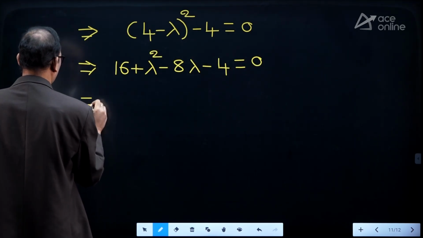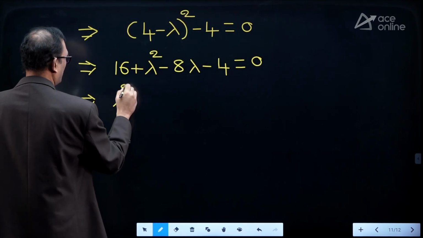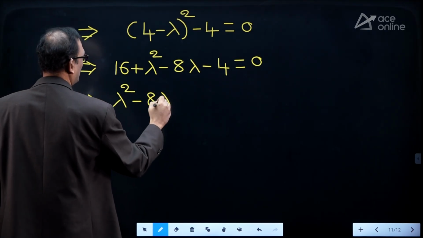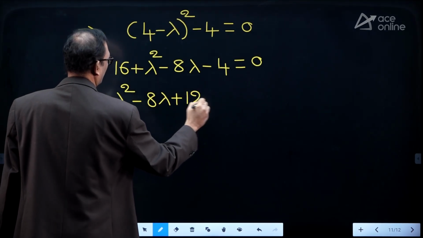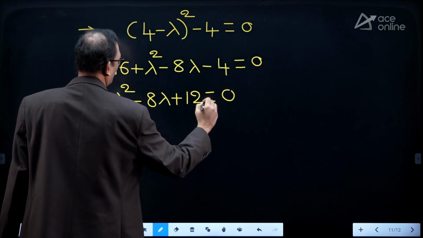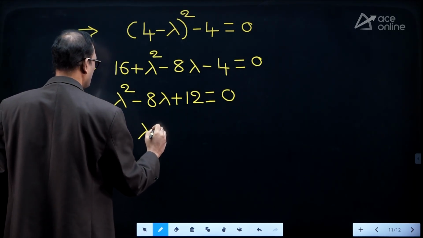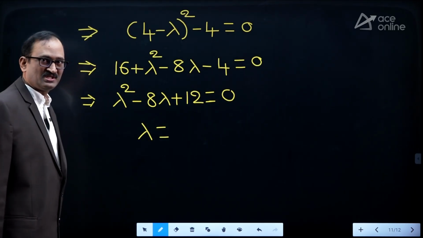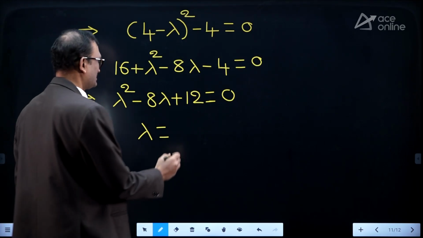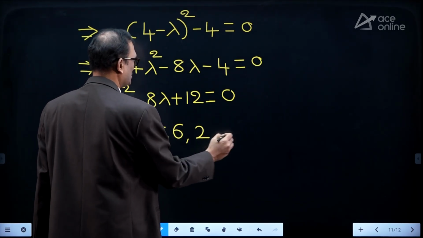So lambda square minus 8 lambda plus 16 minus 4, that is 12, equal to 0. What are the eigenvalues? Eigenvalues are 6, 2.